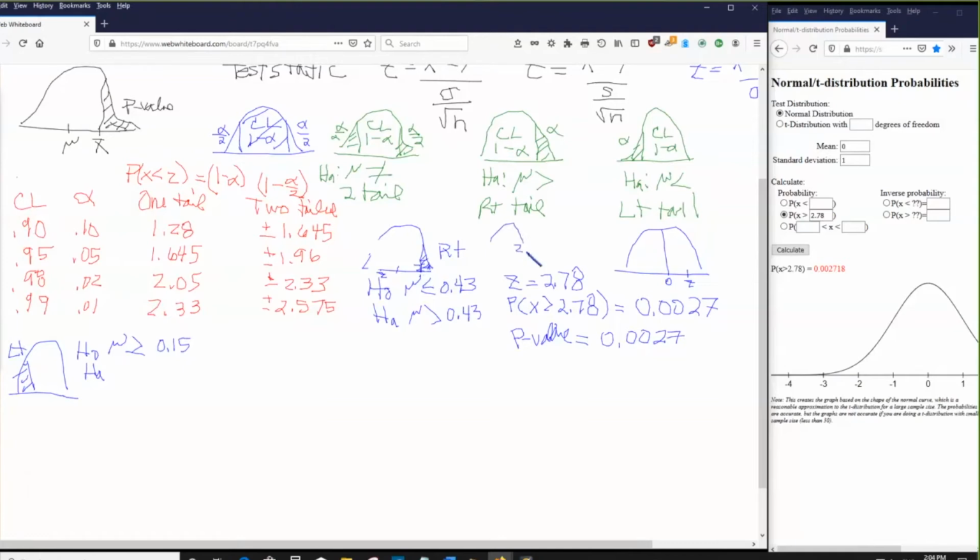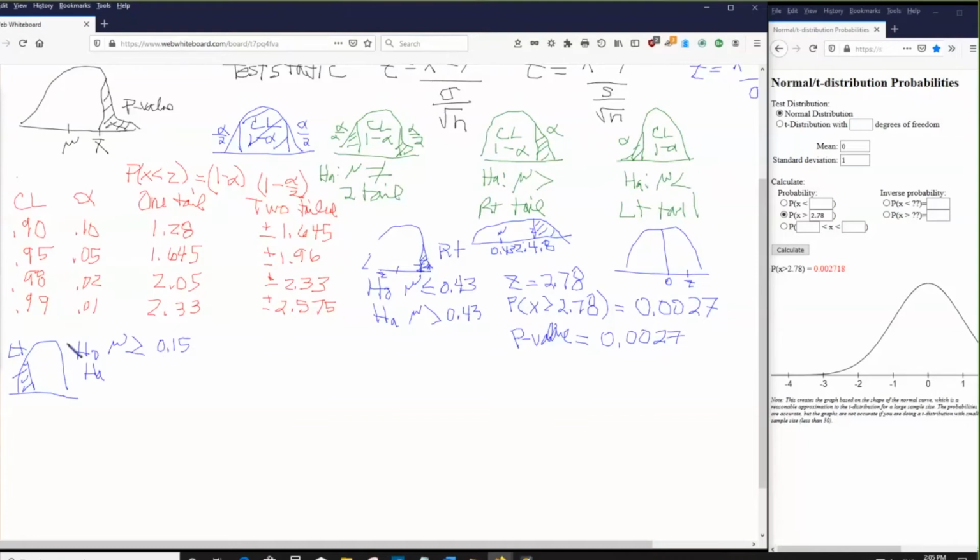So our z for this right one that we just did was 2.48, and what we were given was 0.43. So this is our mean, this is the z that we found, and our p-value is the shaded area.